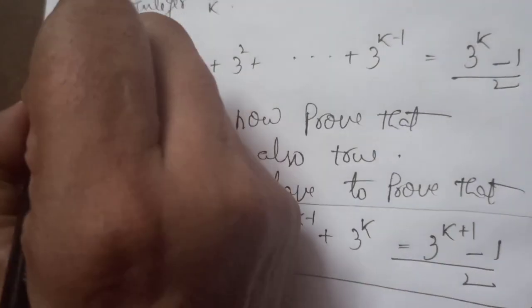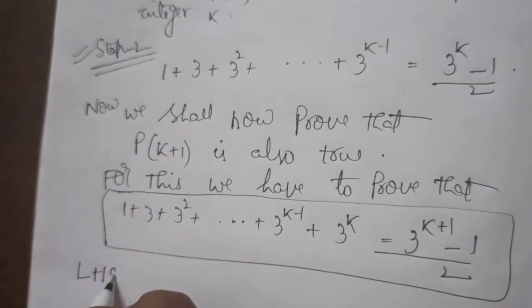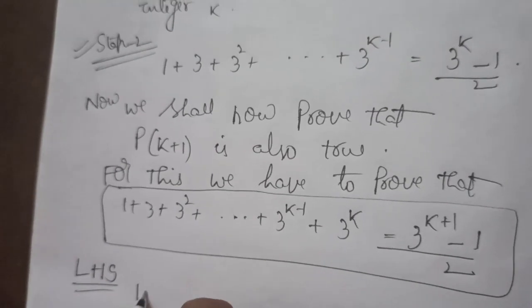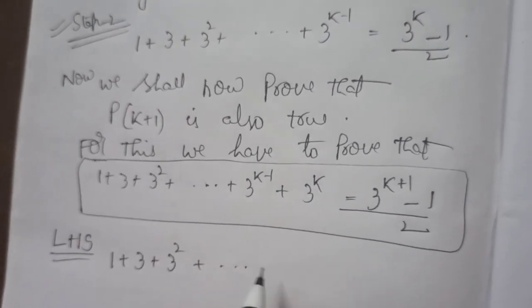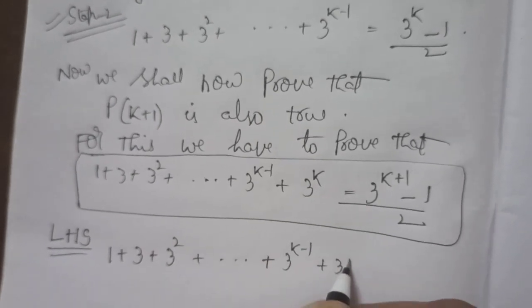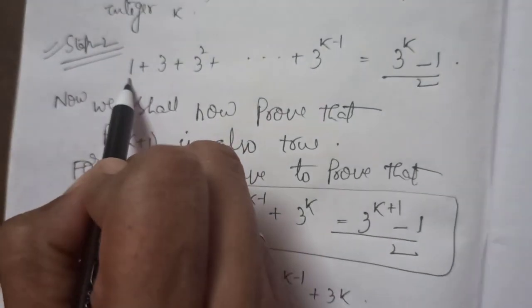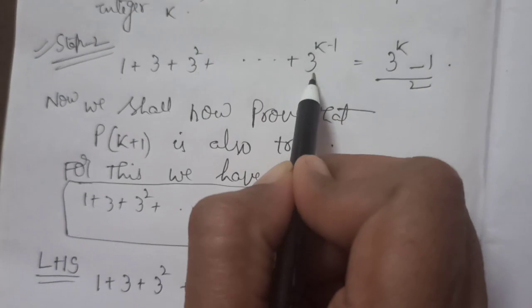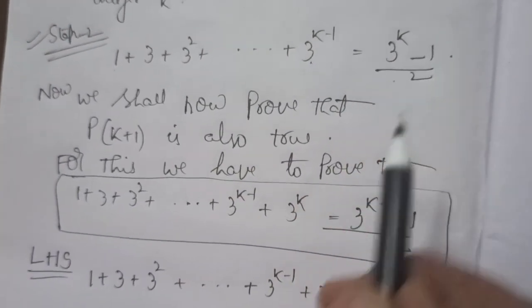So in your step 2, what is your LHS you are having? 1 + 3 + 3² + ... + 3^(k−1) + 3^k. Here in your step 2 you see 1 + 3 + 3² + ... + 3^(k−1), what is given? (3^k − 1)/2.